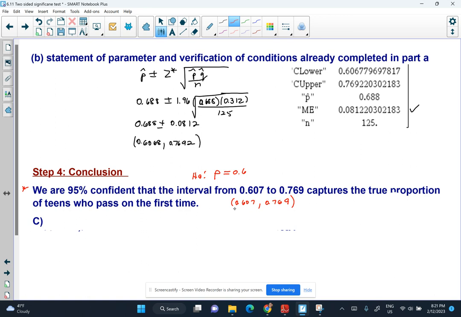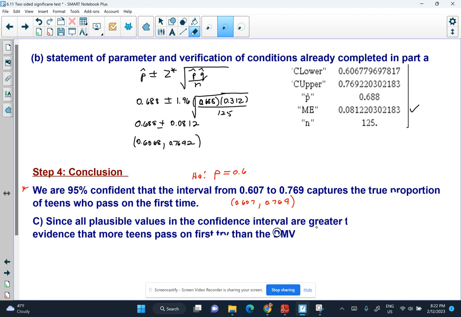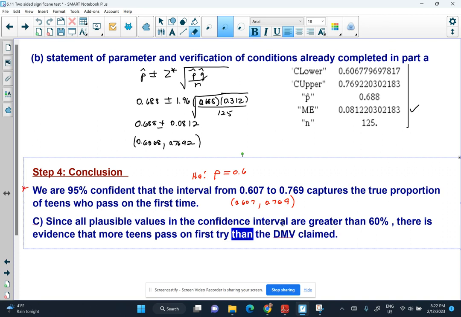But we know that this interval is entirely above 60%, so that's a strong conclusion we can make. So since all the plausible values in the confidence interval are greater than 0.6, there's evidence that more teens passed on the first try than the DMV claimed. Okay, so that's consistent with rejecting H0, that the DMV underestimated the passing rate. And we can see that based on the confidence interval as well.